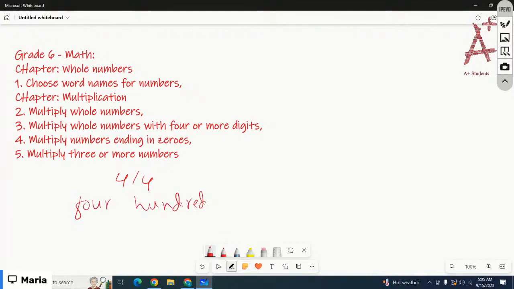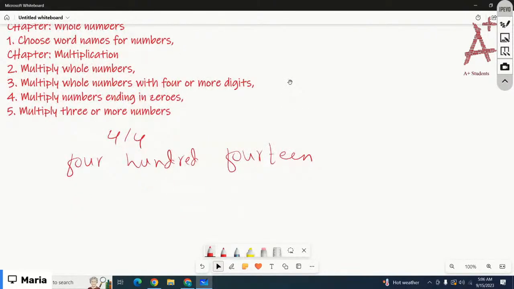400 ... 414, right? That's how we write the number in the word form, right? This one is the digit form and this one is the words form, right? For example, we have another number, 1000.